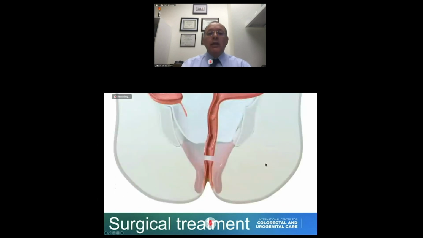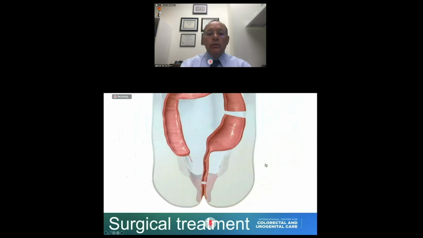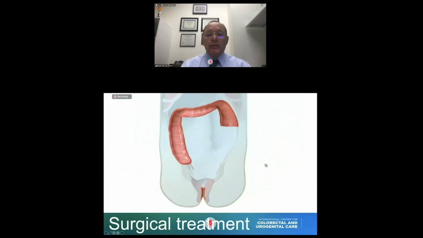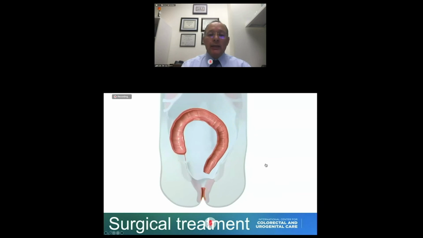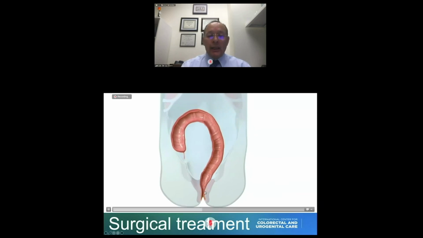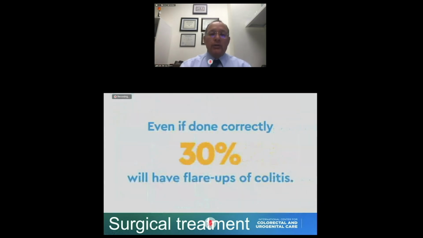This is an animation of how to do the pull-through. This is the resection of the bowel without ganglion cells, and then the anastomosis. And this area is the anal canal. This is a beautiful operation, a perfect operation. Even after a perfect operation, 30% of the patients will develop a problem that we call colitis.